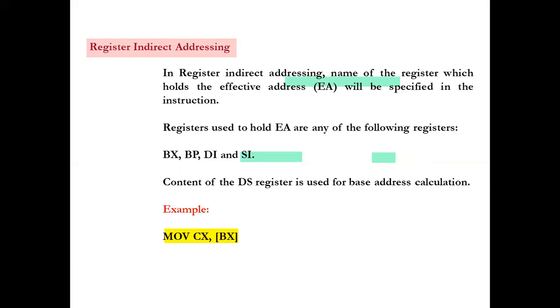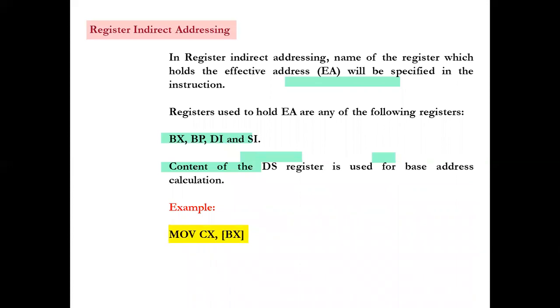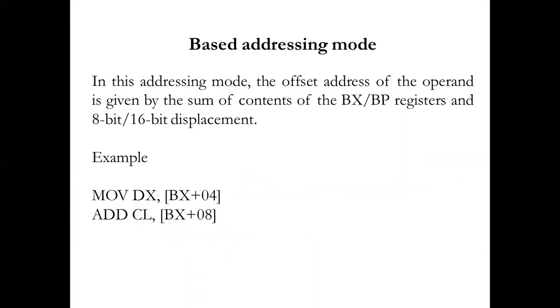Suppose MOV CX, [BX], and suppose the register BX contains 4895H. Then the contents at address 4895H are moved to the CX register. Clear? After that, base addressing mode.